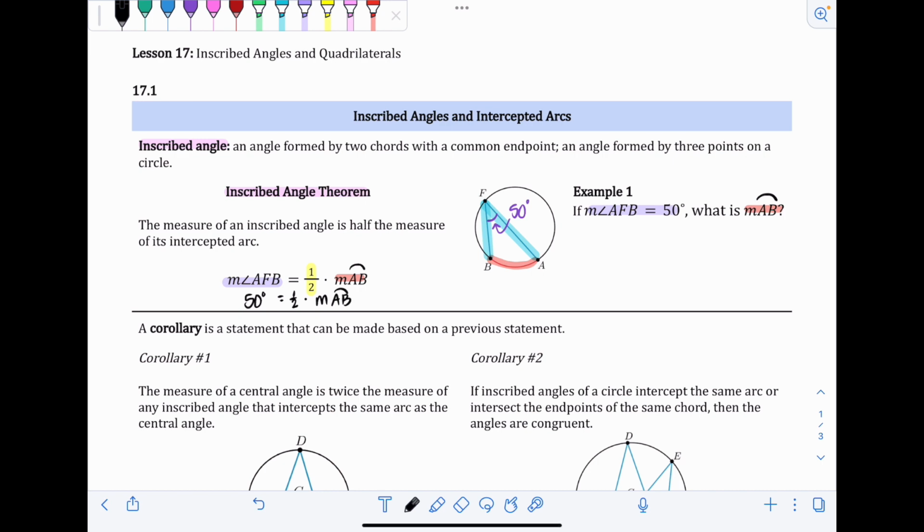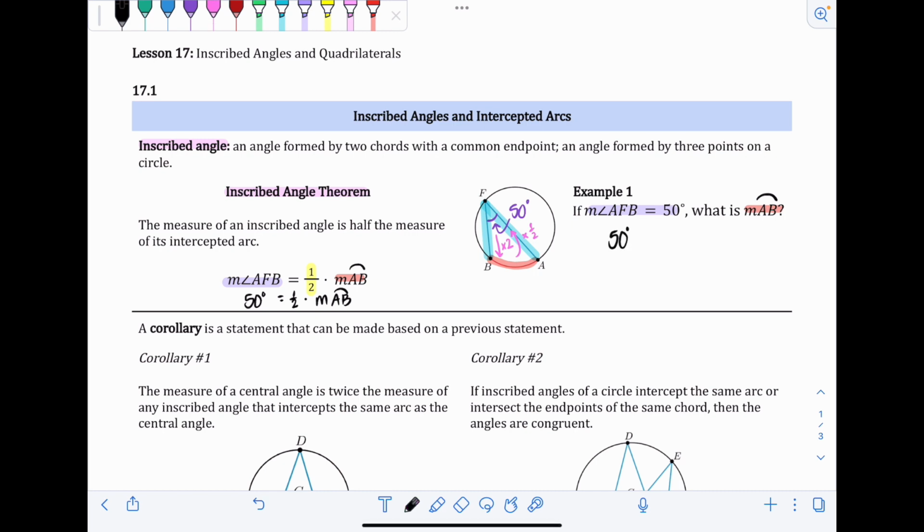But I would prefer that we recognize that if you are given the angle, to get from the angle to the arc, you multiply by 2. The arc is double the angle. To get from the arc back to the angle, you multiply by 1/2 or divide by 2. Since we're given the angle, we just double it.